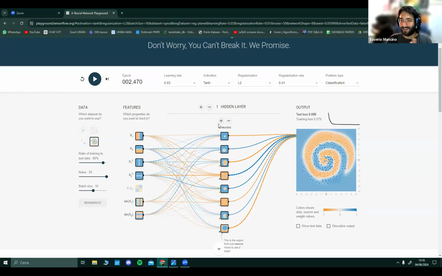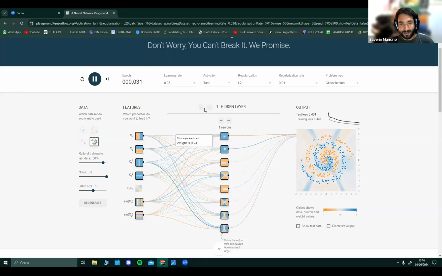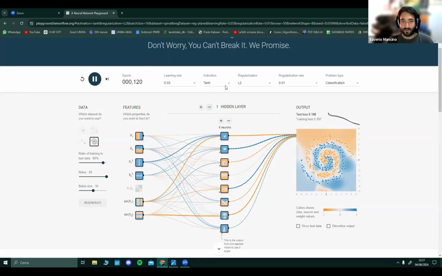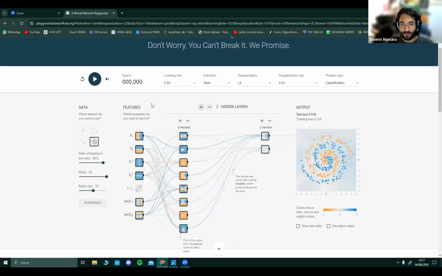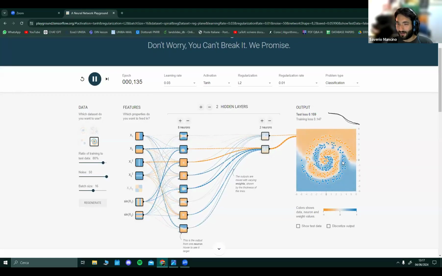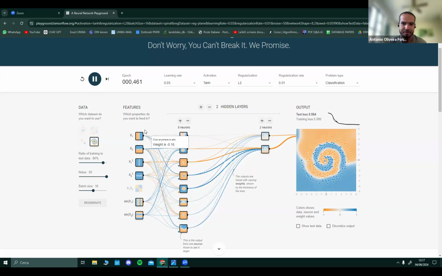There's a finite number, and it doesn't get better if I add more. With the tanh activation, it reaches the prediction, but as soon as I add another hidden layer, it gets messed up. It becomes unstable, and the prediction gets worse during the epochs.